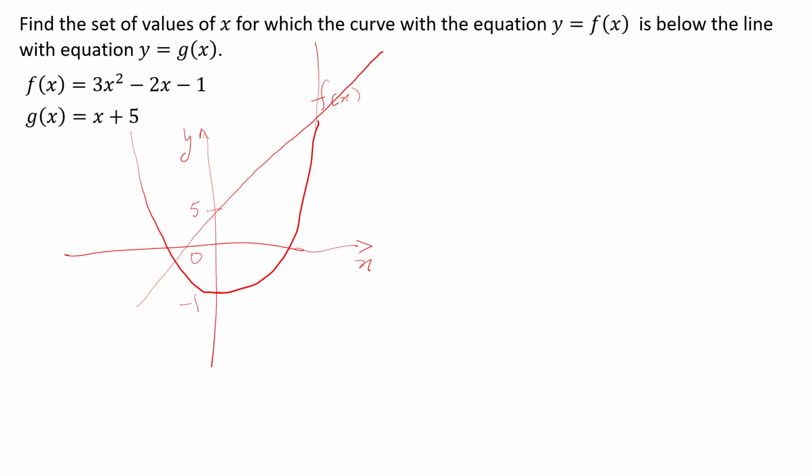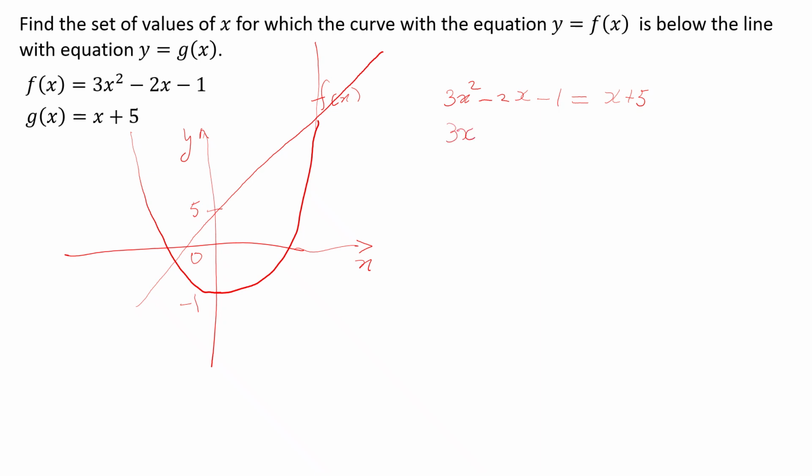Okay, now we need to find the coordinates of intersection. So we need to equate f(x) and g(x). So 3x squared minus 2x minus 1 equals x plus 5. So we need to rearrange equal to 0.